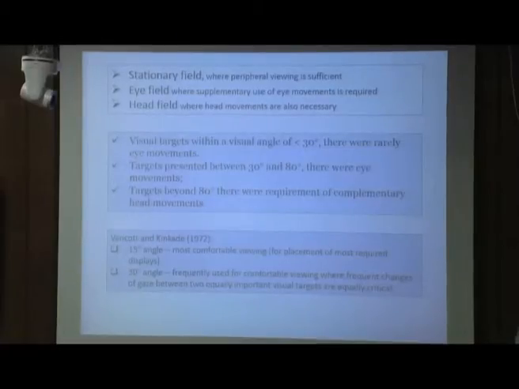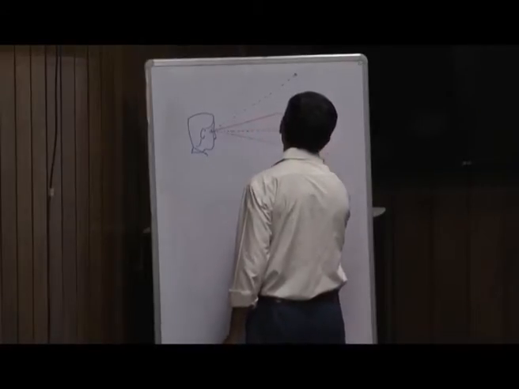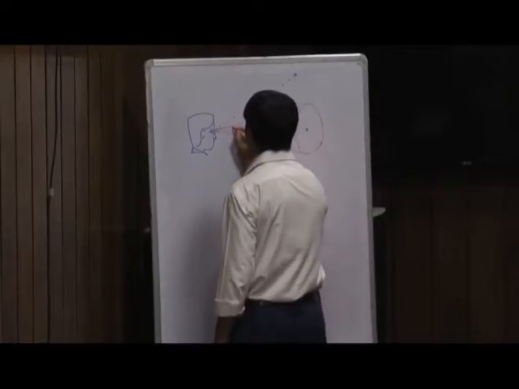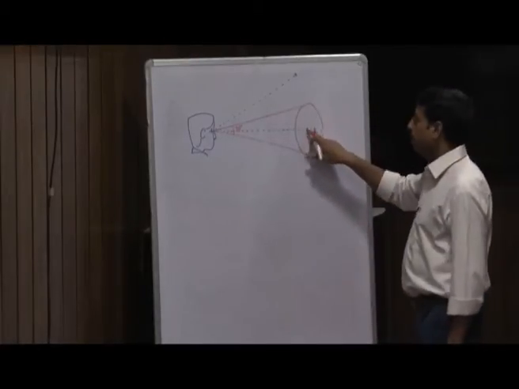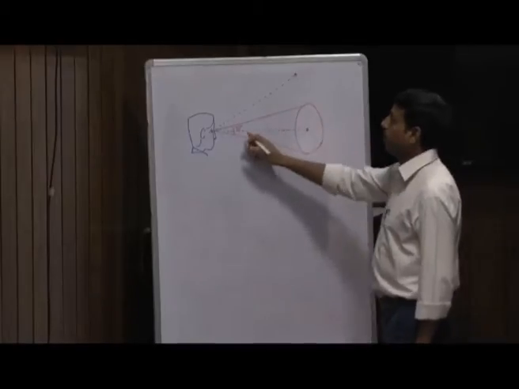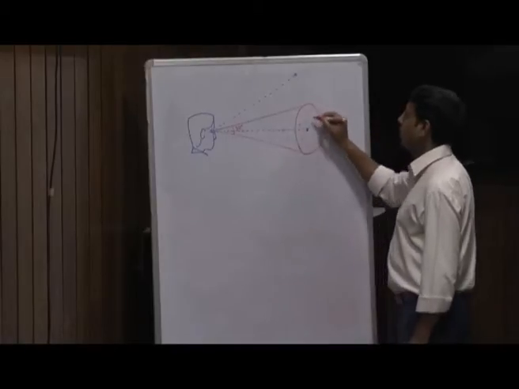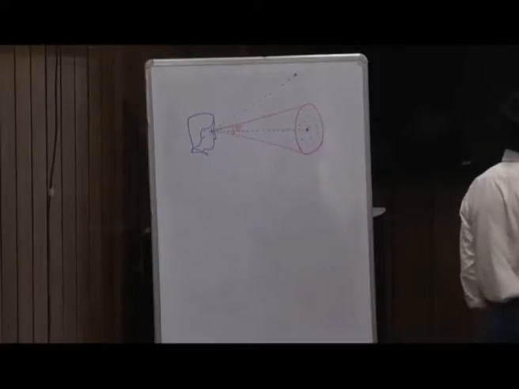15 degrees up and 15 degrees down, this 30 degree angle. Around the line of fixation, this 30 degree view zone, 15 degrees up and 15 degrees down, whatever objects or visuals are there, we can visualize very clearly without significant eye movement or head movement.